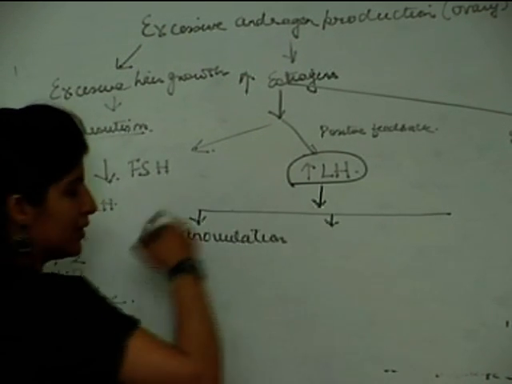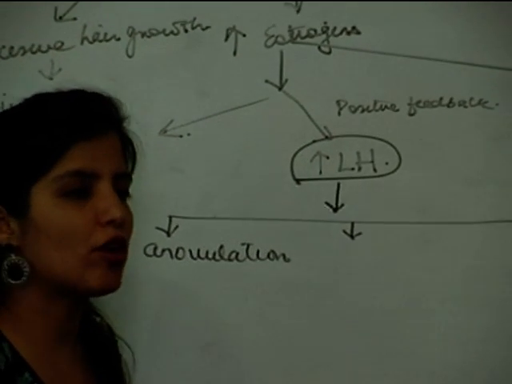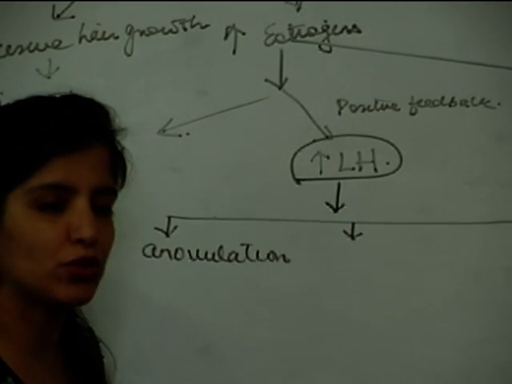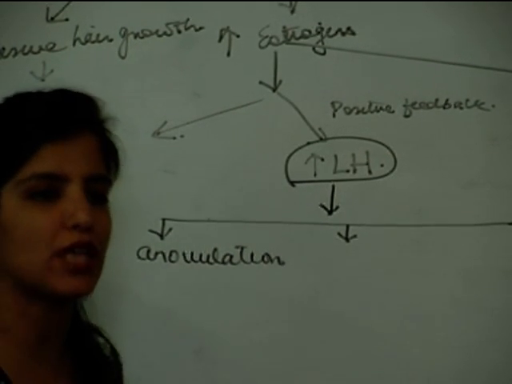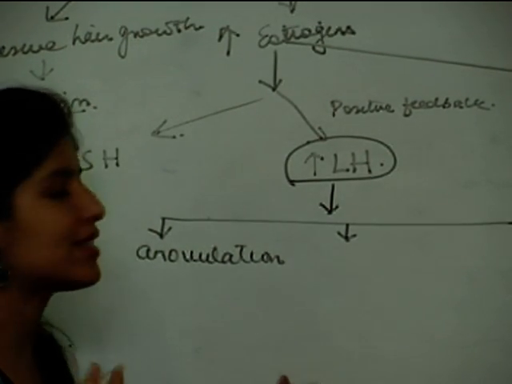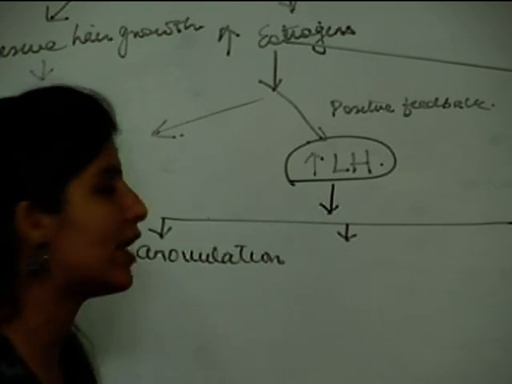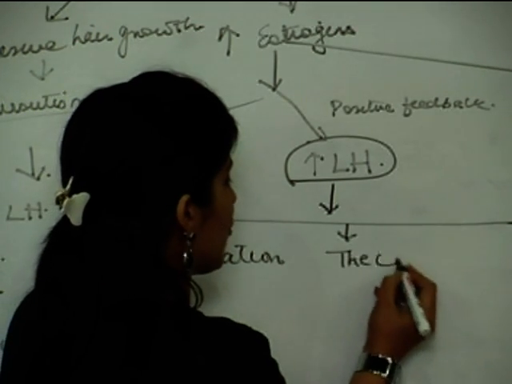Number two problem is, in a normal menstrual cycle, it is luteinizing hormone which acts on the theca cells to produce androgens. Now, because there is excessive luteinizing hormone, there will be theca cell hypertrophy.